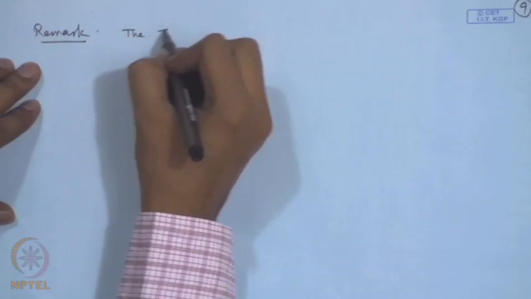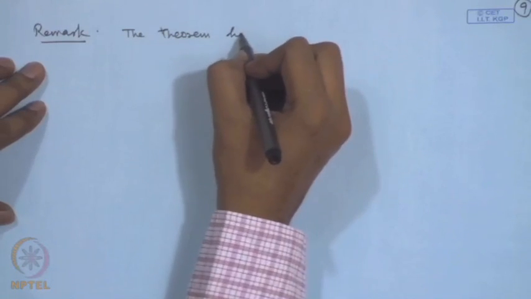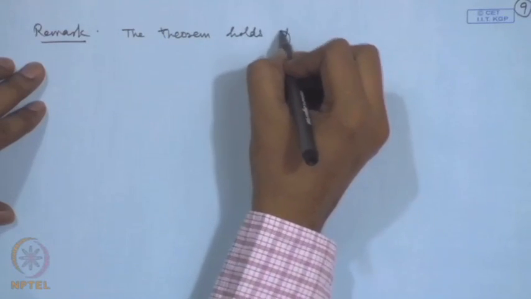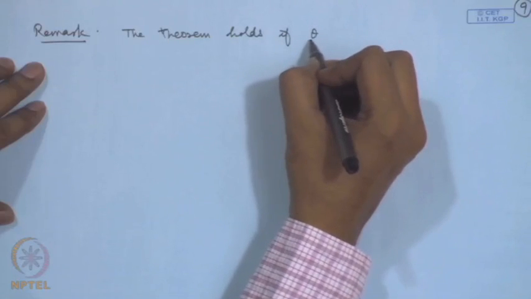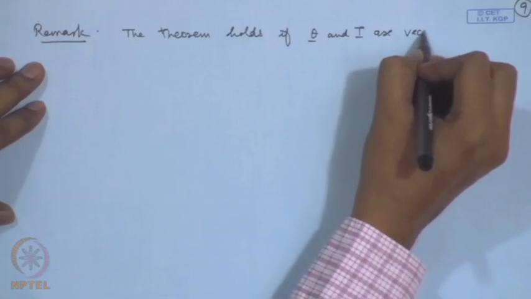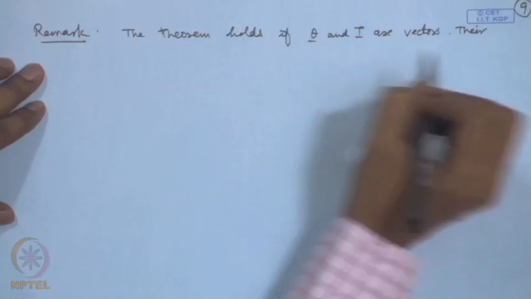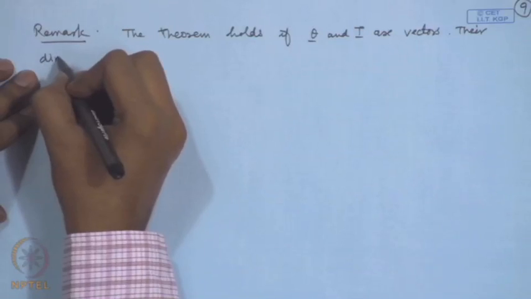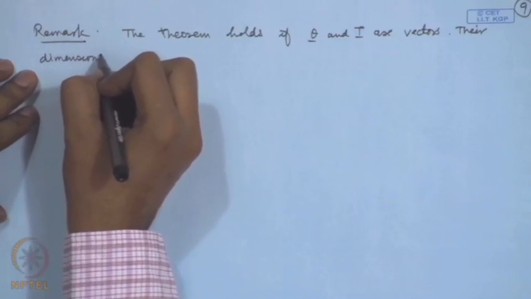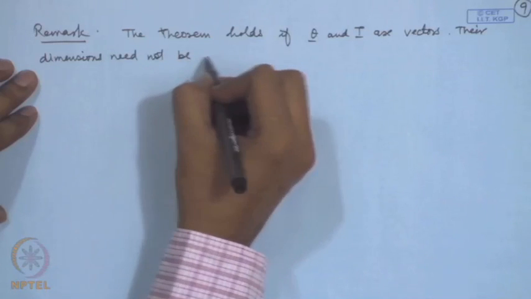The theorem holds if theta and T are vectors. And another point is that their dimensions need not be the same.